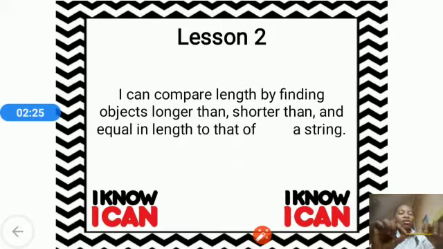Start from your 0 to 6. Now I'll give you some seconds to do that. Your string and your paper strip. The paper strip is 9 centimeters long and your string is 6 centimeters long.